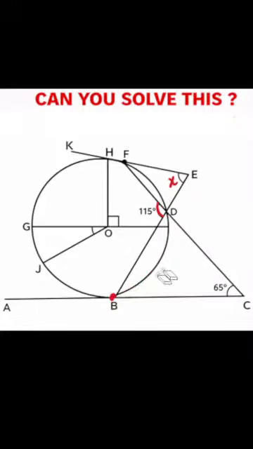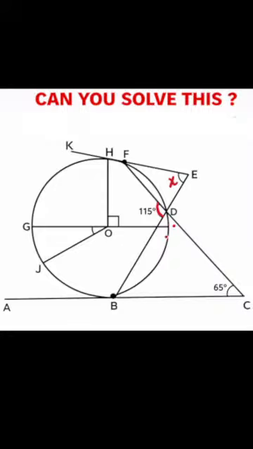Okay, this is 50. Now if this is 50, this arc is going to be double of it. If this is the arc, the angle subtended at the circumference is one of the same thing. But there is another theorem: if there is a chord and a tangent, and the angle subtended by the chord and tangent is here, then the measure of the arc subtended by that chord is double that angle.